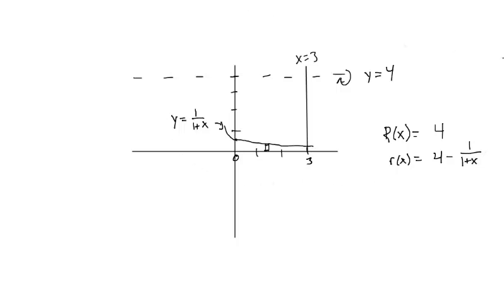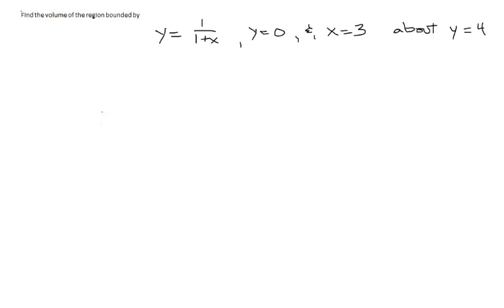So now when we set up our problem, we have volume is equal to pi times the integral from 0 to 3 of our outer radius, which was 4 squared, minus our inner radius, which was 4 minus 1 over 1 plus x, squared dx.